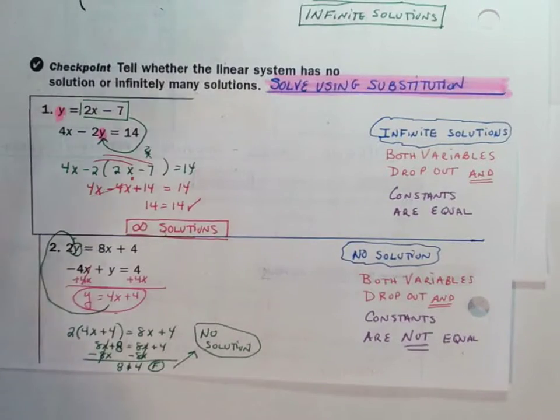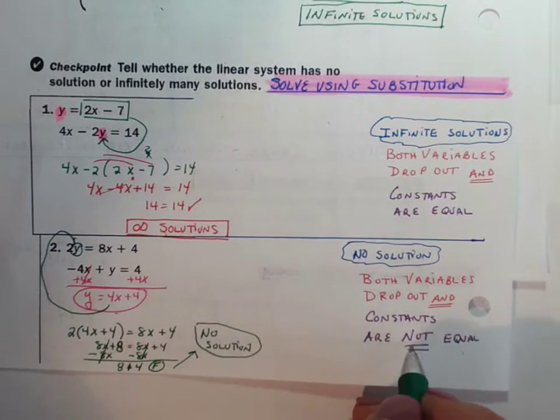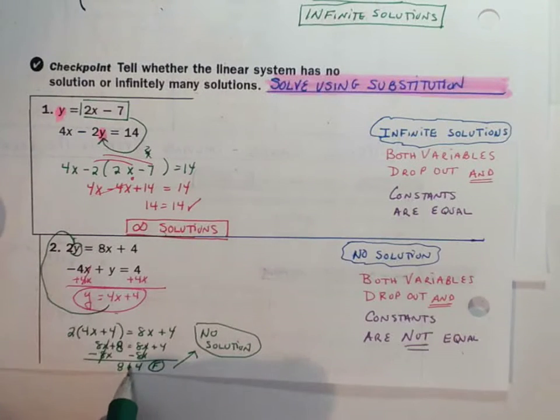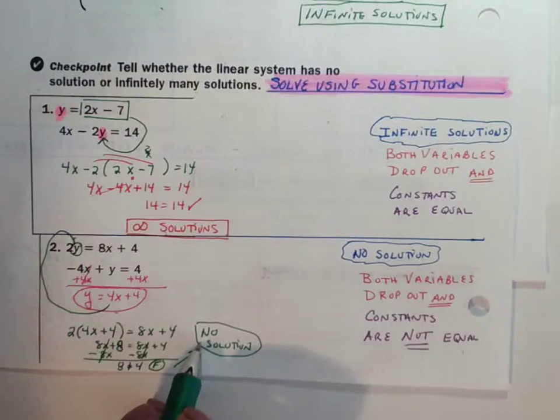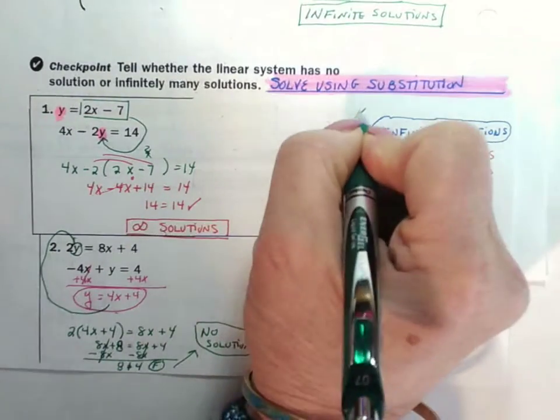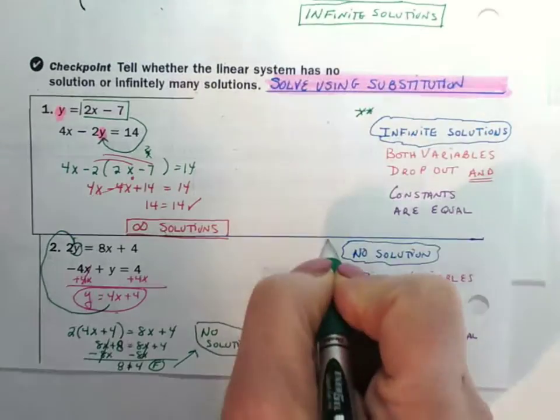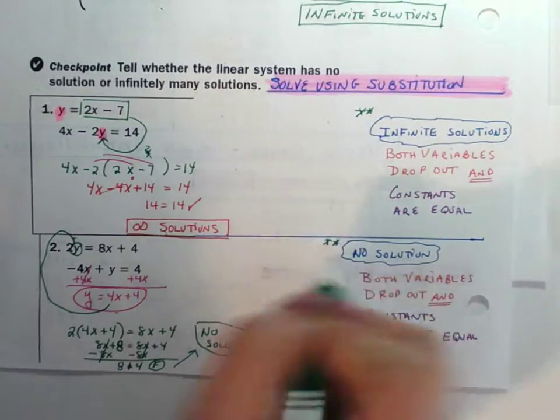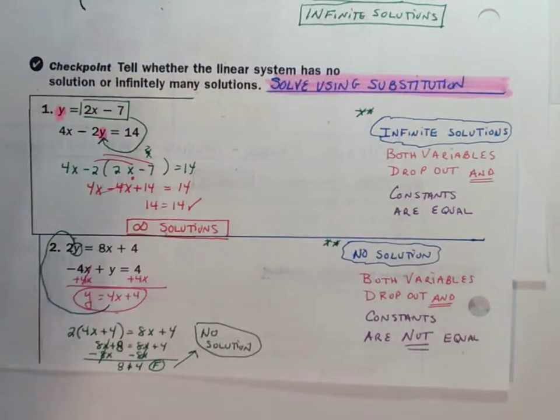Both variables drop out and the constants are not equal. 8 is not equal to 4. This is no solution. So you should put big stars next to these. So that's how you tell whether they're infinite solutions or no solutions.